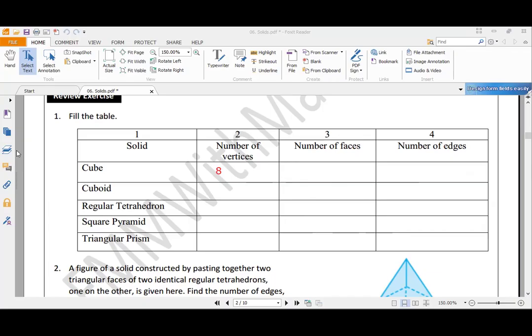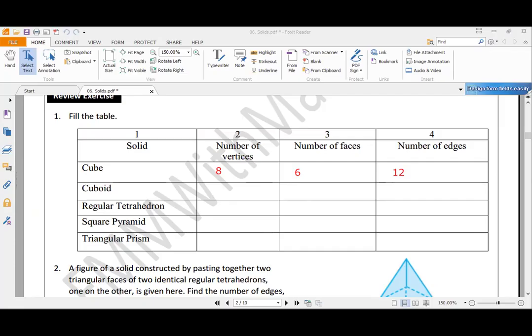Can anyone tell me how many faces there are for a cube? 6 faces. Yes, 6 faces. Then how many edges are there? 12 edges. Right. Now you gave me all the answers. Super.